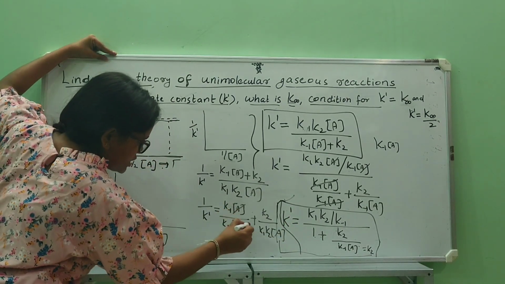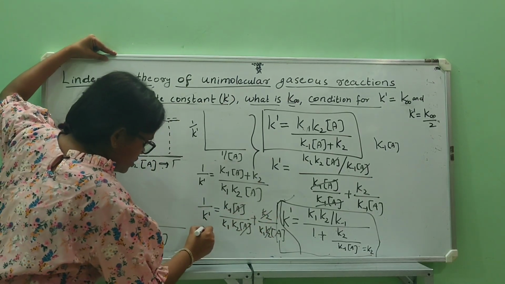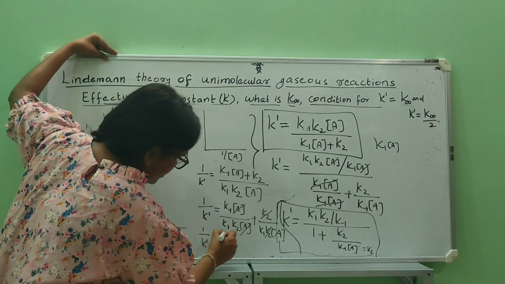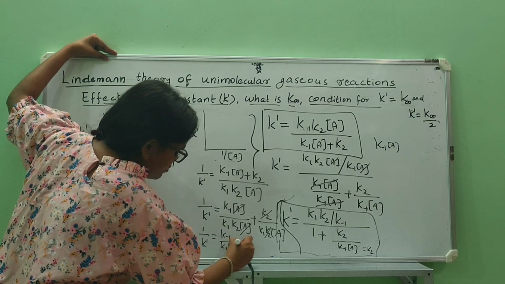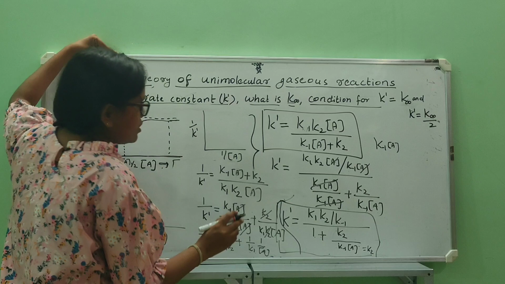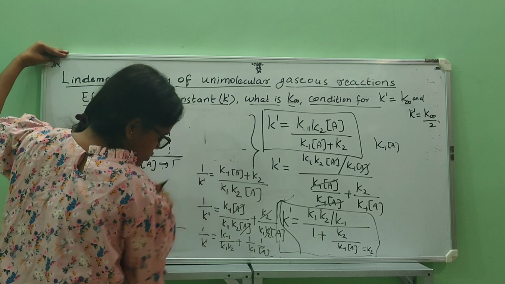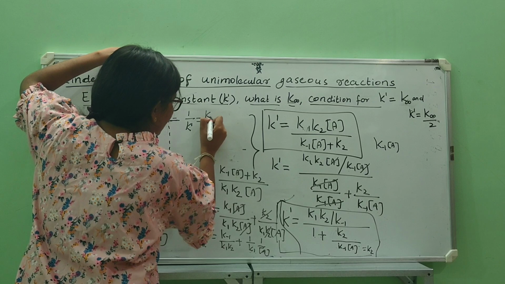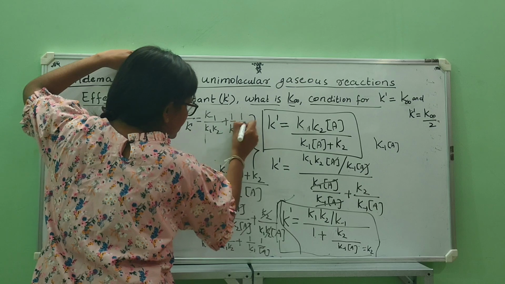So I can cancel a here, and from here I can cancel k2. So 1 by k dash is equal to k minus 1 by k1 k2 plus 1 by k1 into 1 by a. So the equation is 1 by k dash is equal to k minus 1 by k1 k2 plus 1 by k1 into 1 by a.